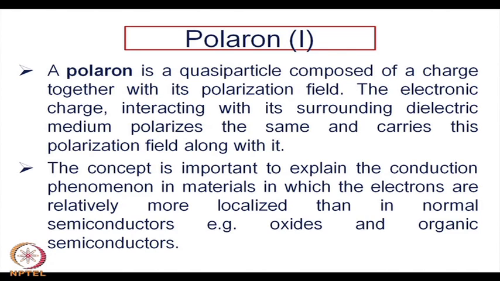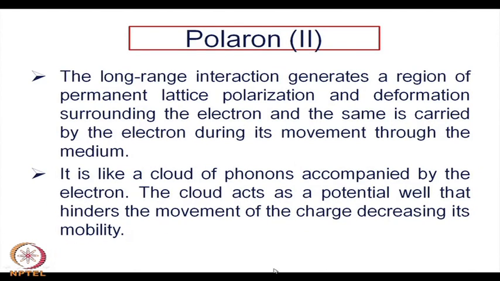So, if you want to understand the charge transport mechanism particularly in oxides, which are more ionic in character, and organic semiconductors, which are more covalent in character, in those situations the concept of polarons is more useful, and one has to understand how exactly the charge carriers move. Of course, what I am talking about is in a simplified, simplistic manner. There are more complex theories to this.